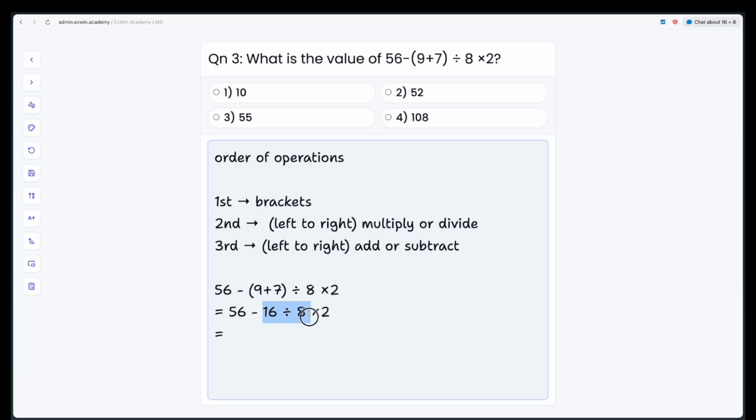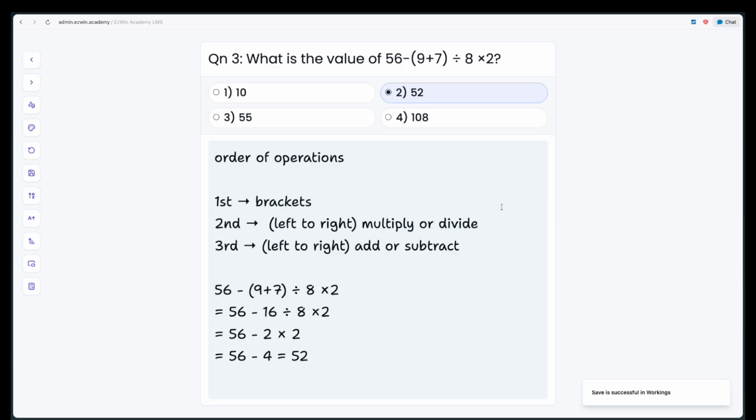So 16 divided by 8 will give us 2. And then 2 times 2 will give us 4. That means 56 minus 4, and this will give us 52. And that is option number 2. Alright, let's move on to the next question.